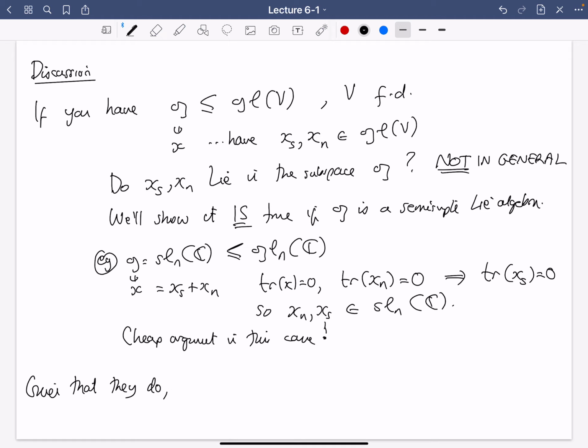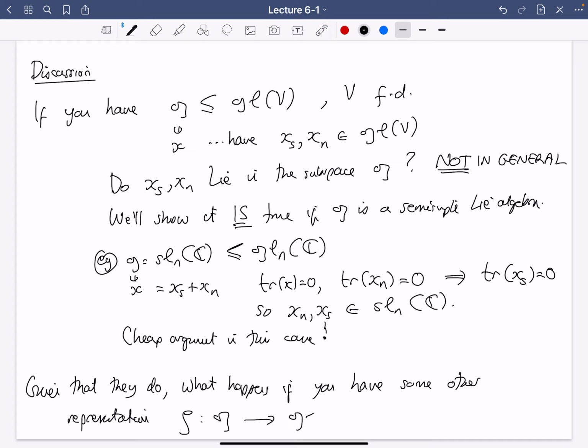Given that they do, so this thing we're going to prove for semi-simple Lie algebras in a little bit, what happens if you have some other representation from G to some other GL V prime, with V prime being finite dimensional?